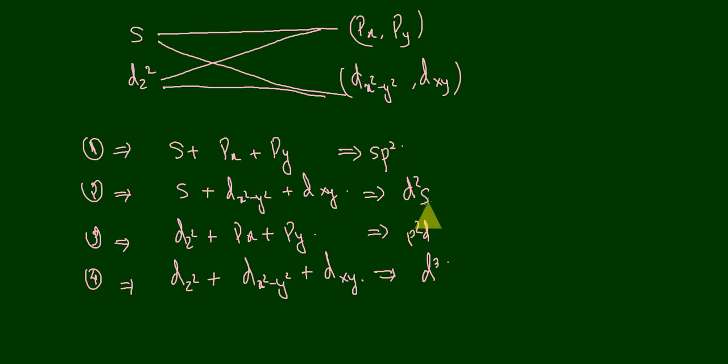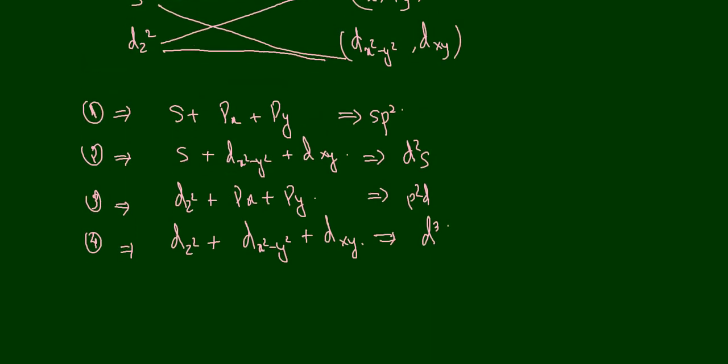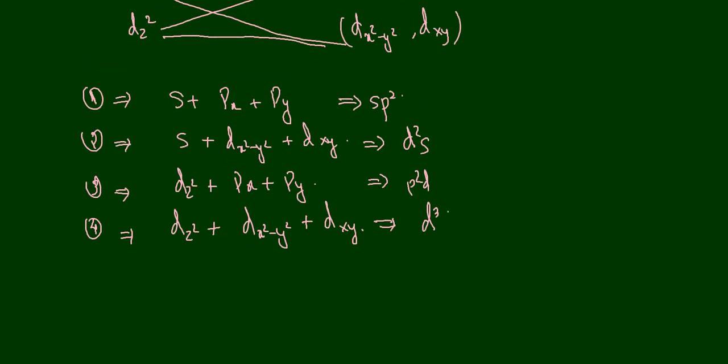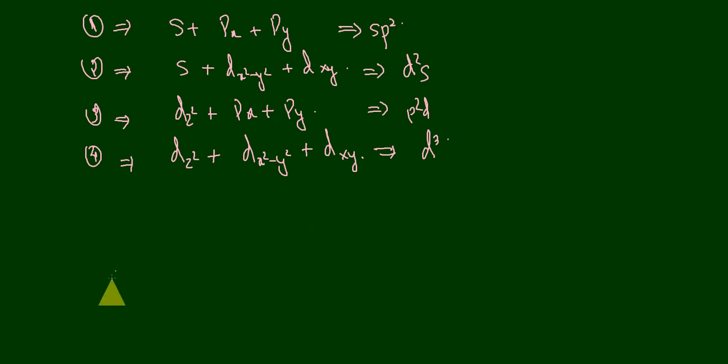Okay, so if you are taking BF3, boron trifluoride, as the example, the example that we considered in the beginning itself, then what will be the case? In the case of BF3, we have boron as the central atom. Boron has the atomic number 5, so the configuration is 1s² 2s² 2p¹.